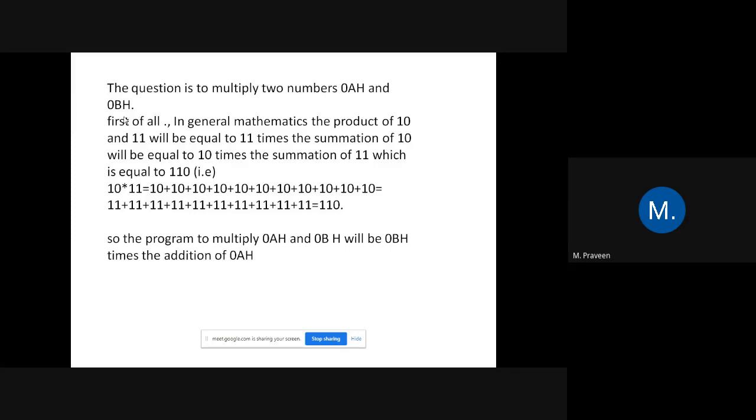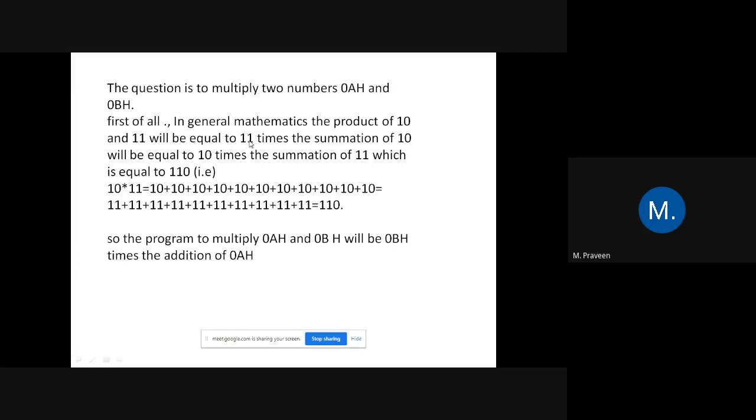Actually, the logic we can use here has two methods. In one method, we take 11 times the summation of 10, since the second value is 11.